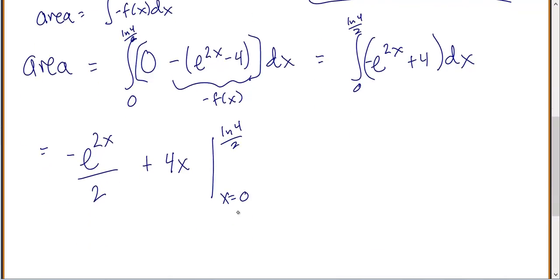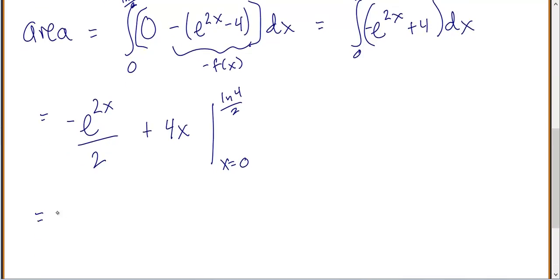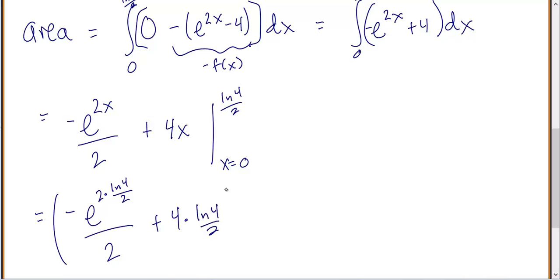And here is the part where it gets complicated, just trying to simplify with that really weird number. So we plug in the top one first, so this will be negative e to the 2 times natural log of 4 over 2, all over 2, plus 4 times the natural log of 4 over 2, minus negative e to the 2 times 0 over 2, plus 4 times 0.